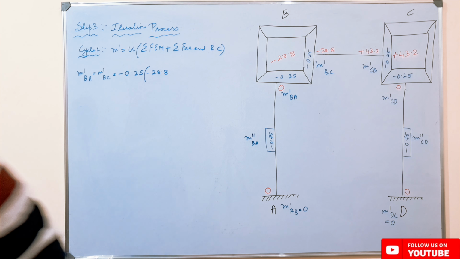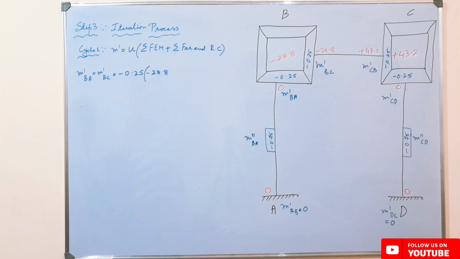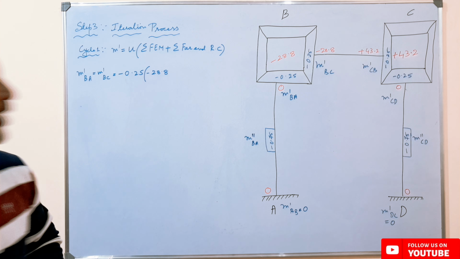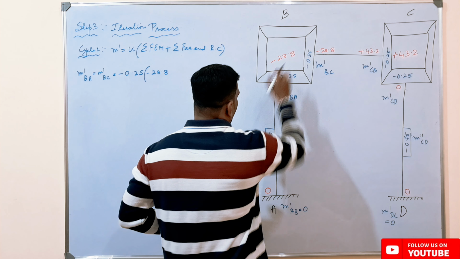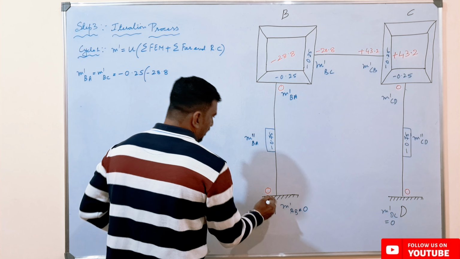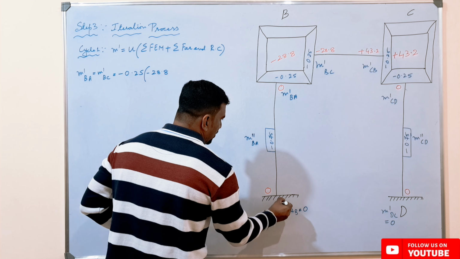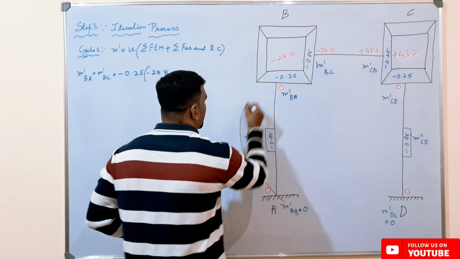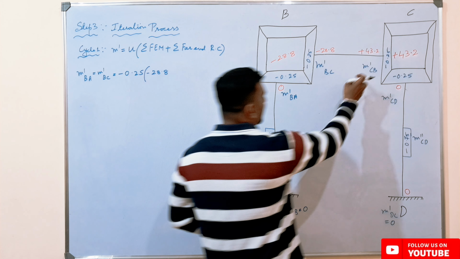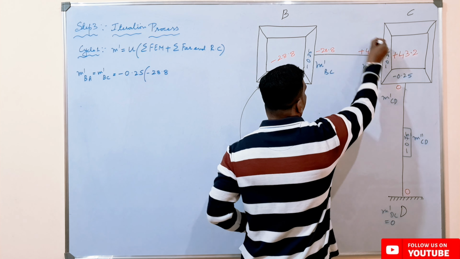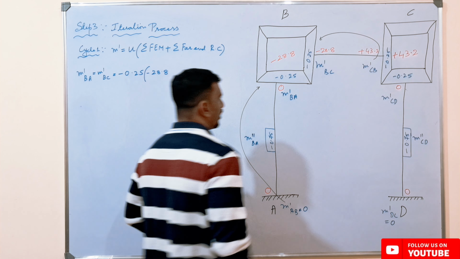So now if you want to calculate the far end rotation contributions for this joint, M dash AB will be the far end rotation contribution. Also M dash CB will be a far end rotation contribution over here.